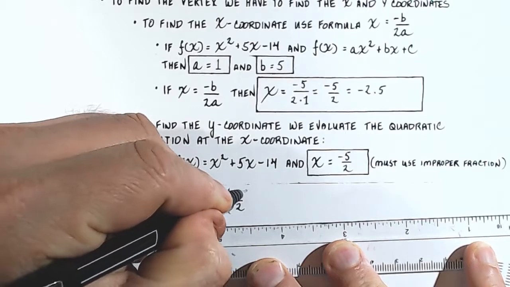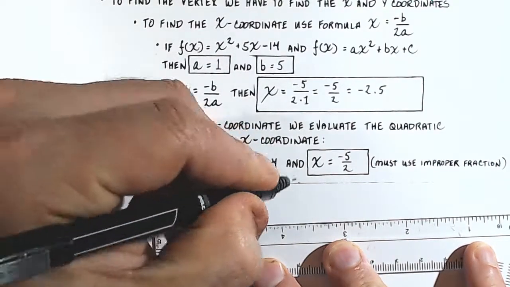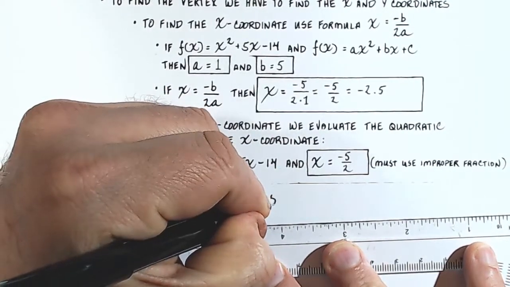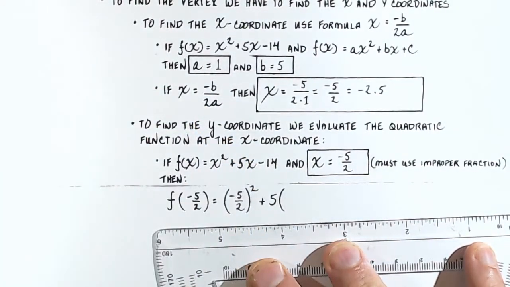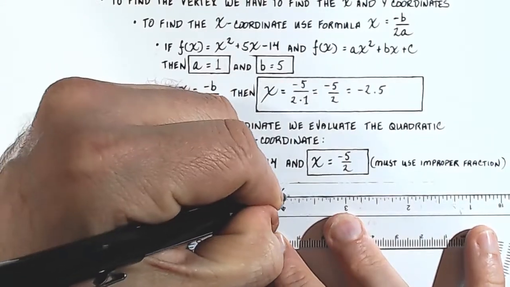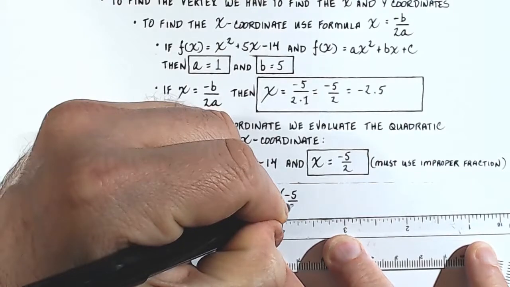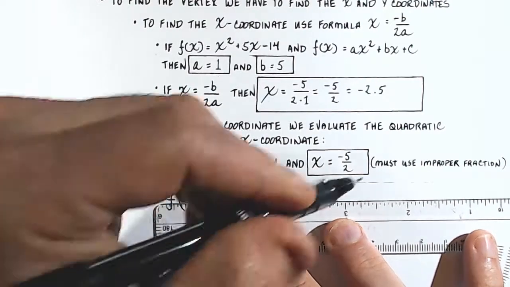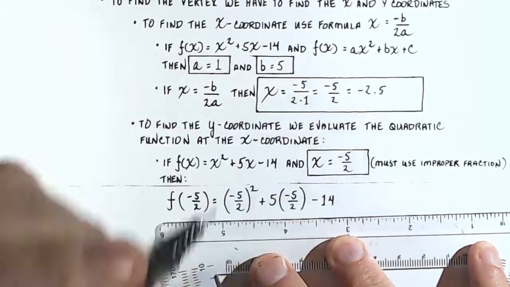So we'll put parentheses around it and square it, plus 5, open parentheses, and I'll put in negative 5 over 2, close parentheses, and that constant term minus 14 just comes in at the end. Nothing to do there. Okay, so that's the setup.